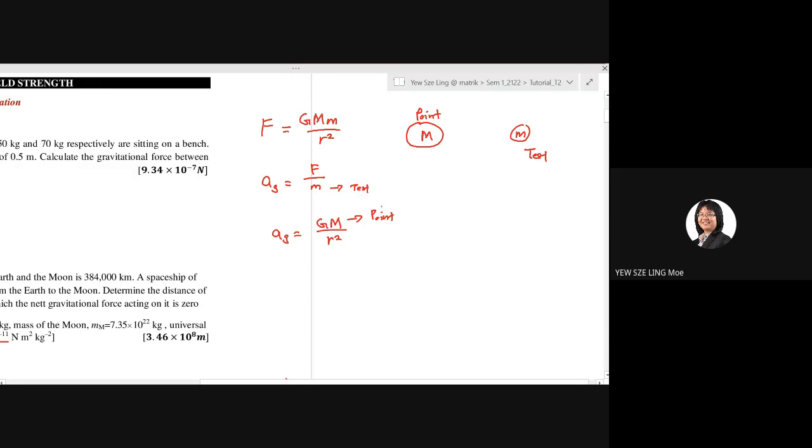You need to know which one to use for which equation. For force, it's not significant because you need two masses, so it doesn't matter whether you're looking at point mass or test mass. But when it comes to g, you need to know whether you're given the mass of a test mass or the mass of the point mass, because it will make a huge difference.